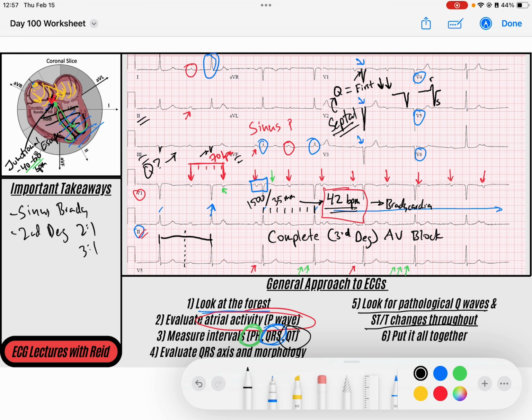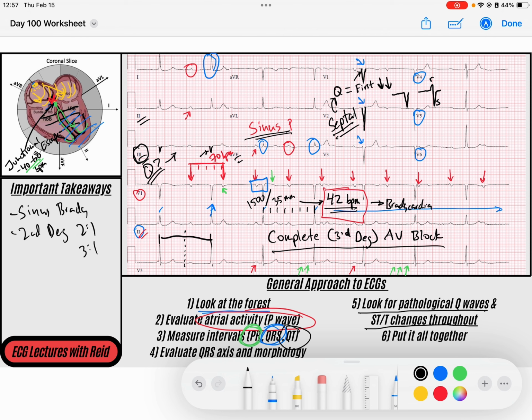And so let's put this all together. We have a complete third degree AV block with AV dissociation with sinus node beats marching through. And we have evidence of potentially pathological Q waves in the inferior lead 3 only.